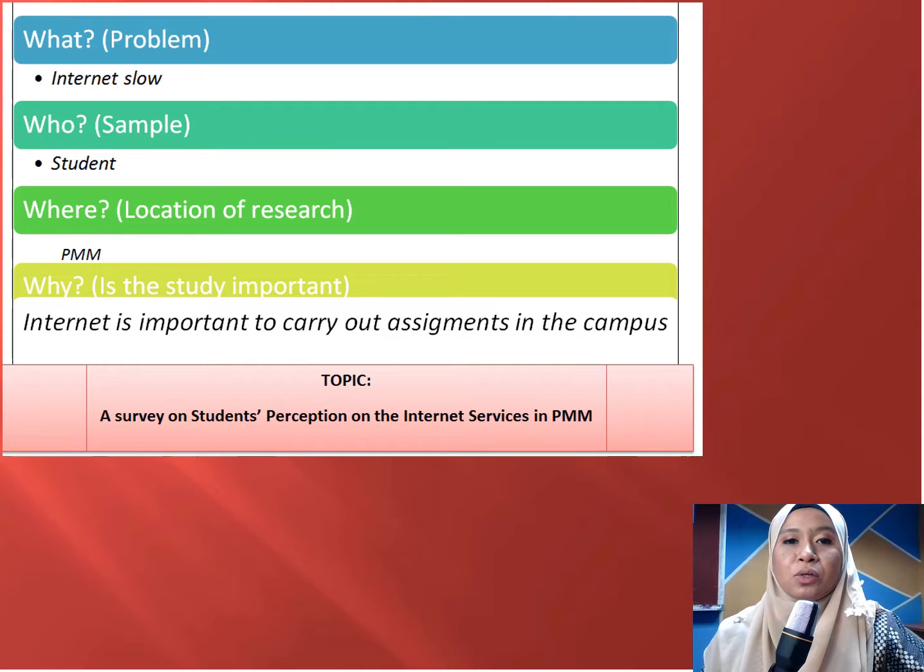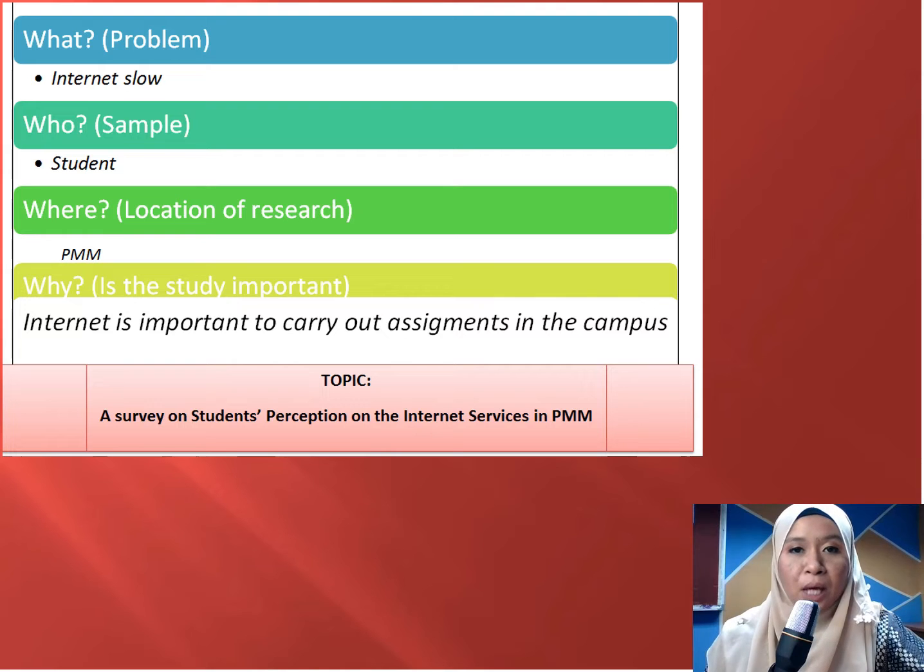Okay, so you are developing a mini project topic, for example, a survey on students' perception on the internet services in Polytechnic Merlimau Melaka. It can just be simply students' perception on the usage of internet service in PMM.